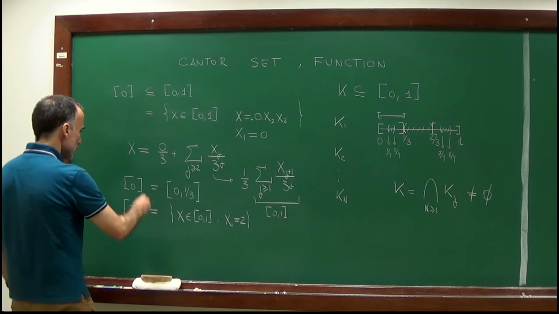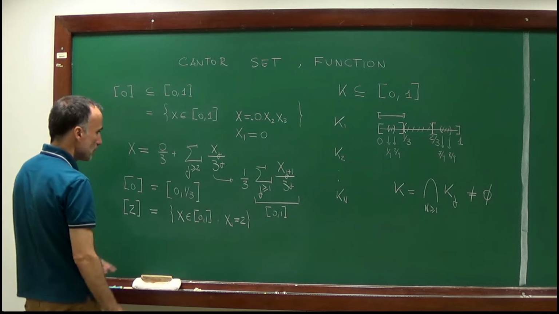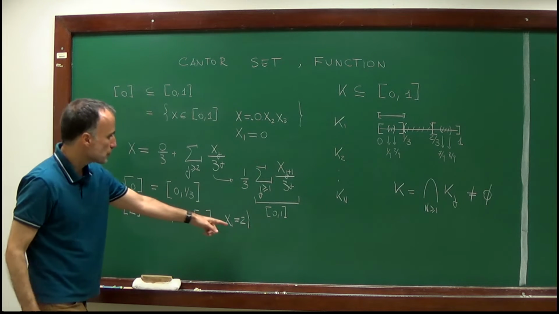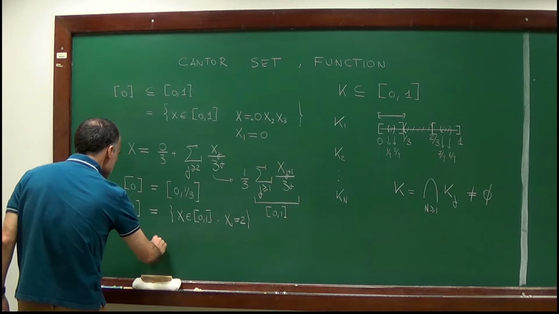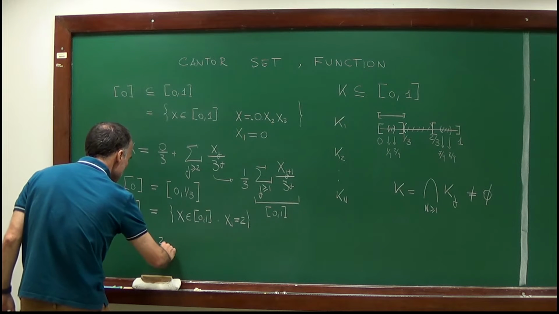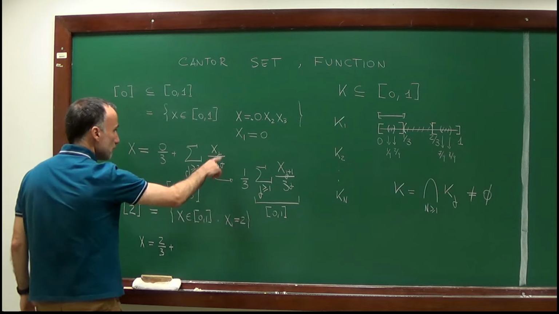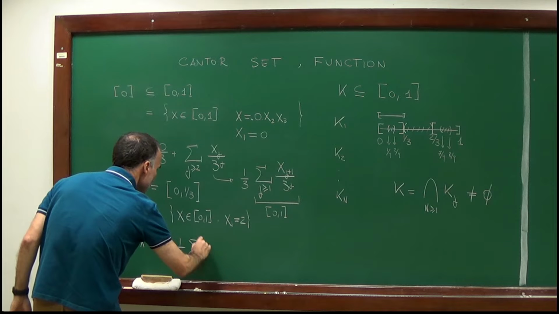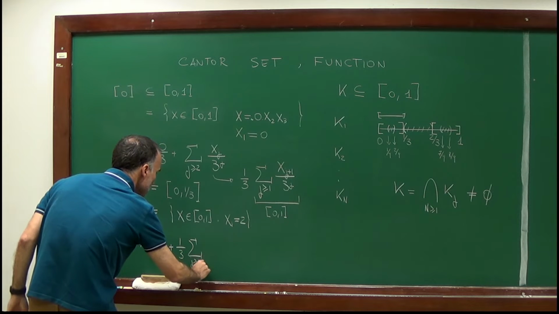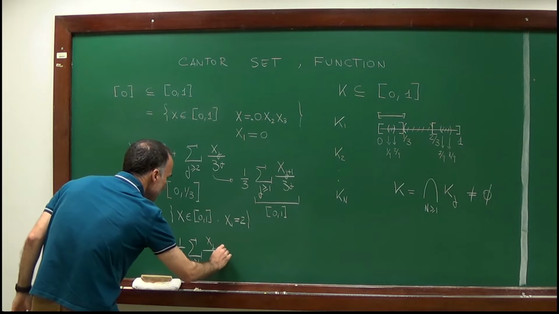By a similar argument, if you take a point x whose first digit is equal to 2 in base 3, x will be given by 2/3 plus, by this computation, 1/3 times the sum over j larger or equal to 1 of xj plus 1 divided by 3^j.